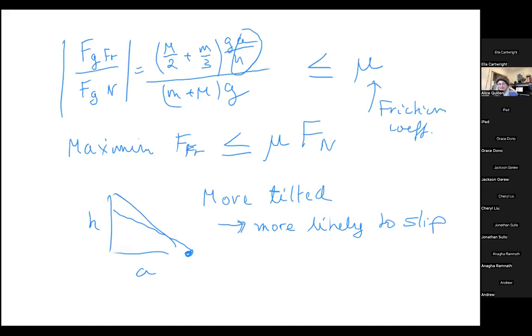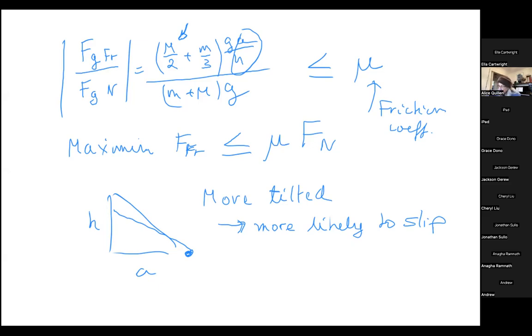So the person in this problem, when we did this problem, we put the person halfway up the ladder, but you can ask, what if I allow the person to start moving up the ladder? This half gets bigger and bigger as the person gets past the halfway point.